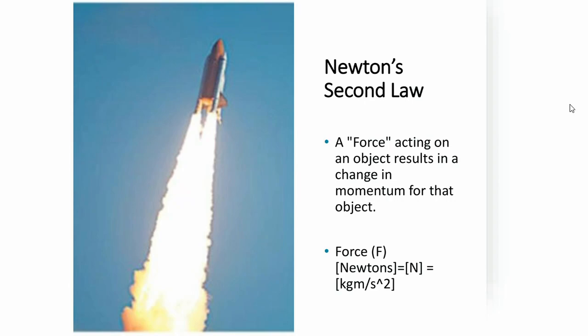He's so influential, he gets a whole unit named after him. The capital letter N is what we use to represent newtons. But newtons are just made out of kilograms, meters, and seconds squared.